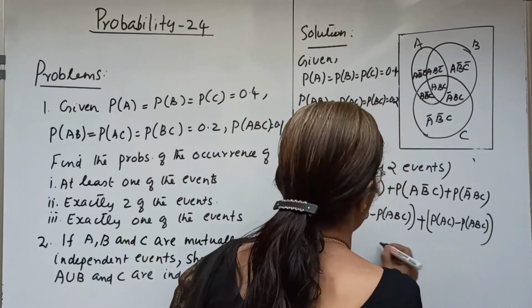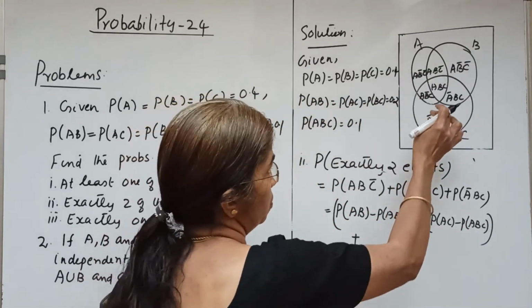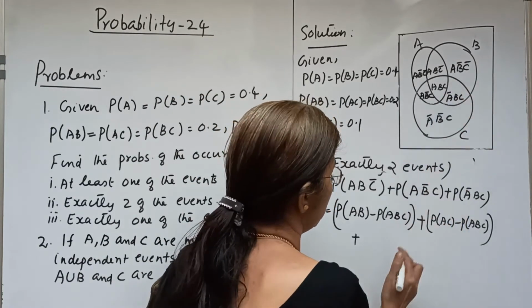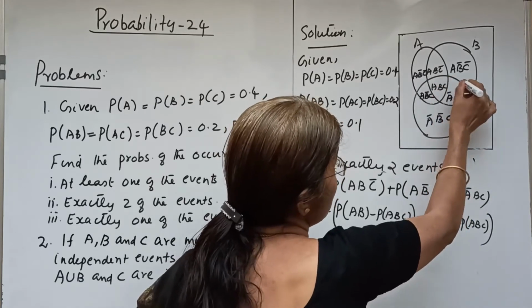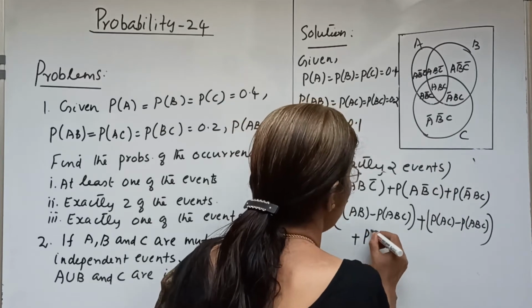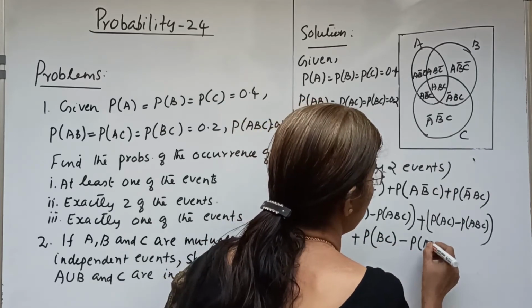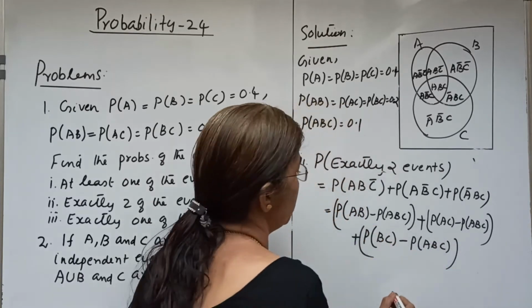Okay. Plus, what is the next? P of A bar B C. This is the subset A bar B C. So it can be written as P of BC minus P of ABC. Plus P of BC minus P of ABC.